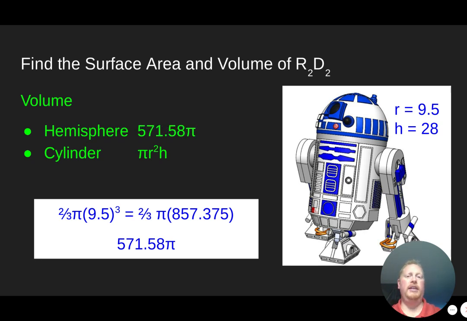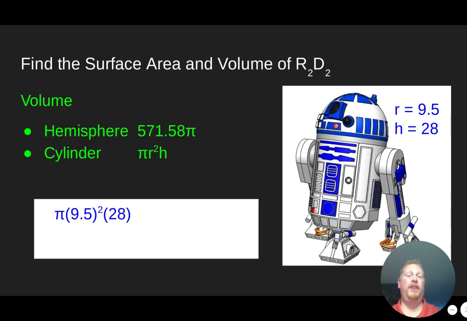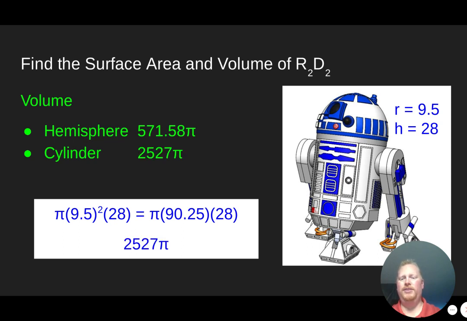So now let's figure out the volume of that cylinder. So pi times 9.5 squared times 28, and we get pi times 90.25 times 28, which gives us a grand total of 2,527 pi cubic units inside that cylinder.